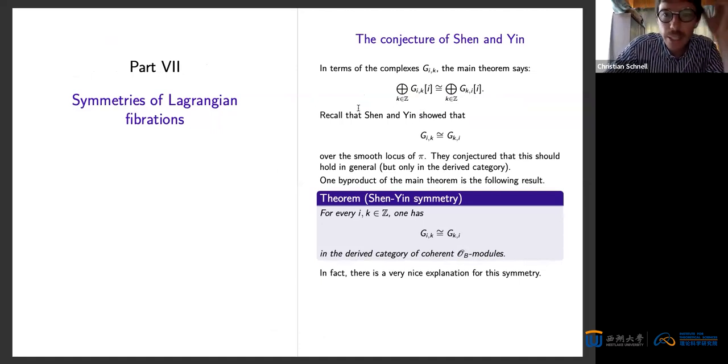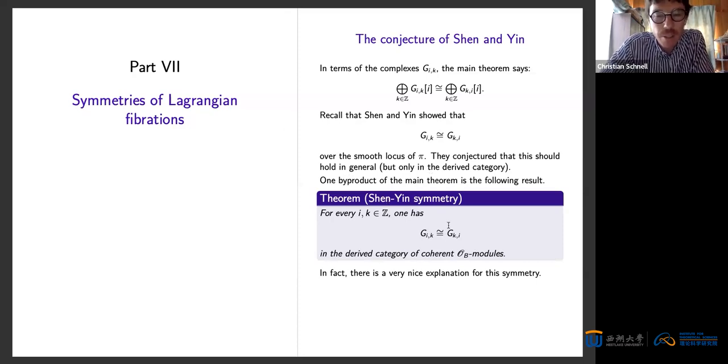And Schnell and Yin, remember, show that over the smooth locus of pi, G_{IK} and G_{KI} are isomorphic as complexes. And they conjectured that in general, they should be isomorphic in the derived category. One byproduct of the main theorem is actually a proof of this: in fact, G_{IK} and G_{KI} are always isomorphic in the derived category of coherent sheaves. Schnell and Yin didn't really come up with an explanation for the symmetry.